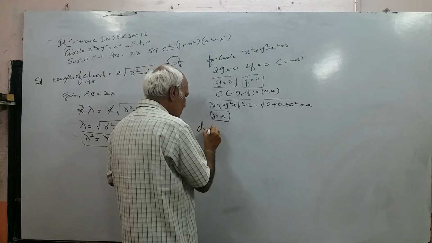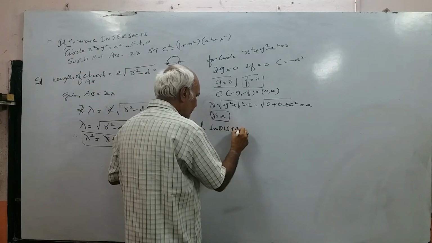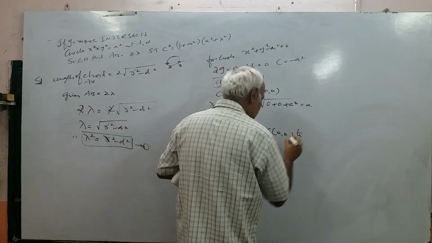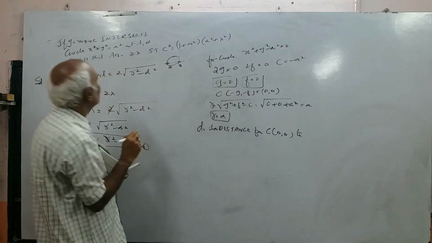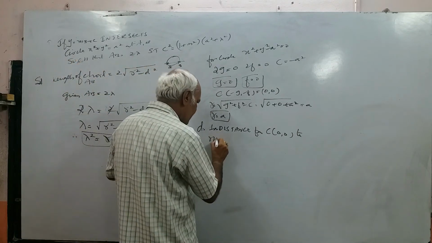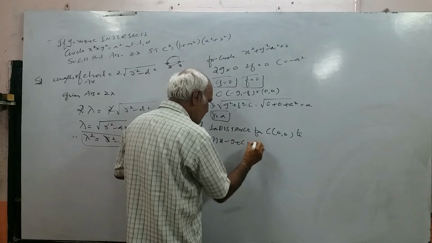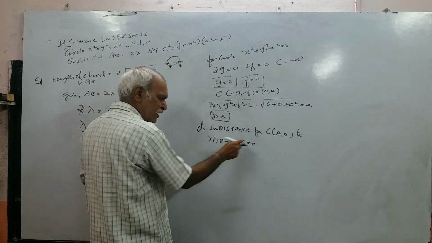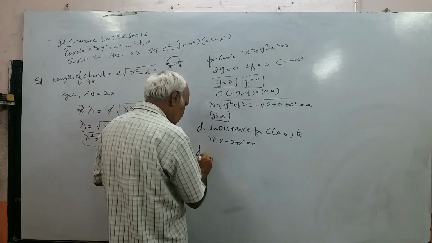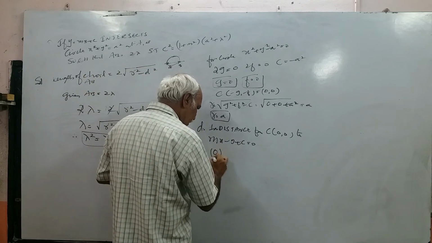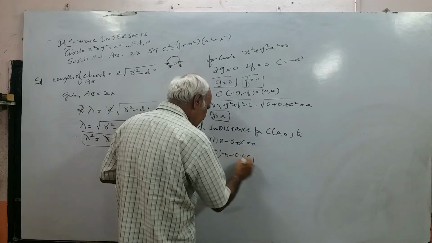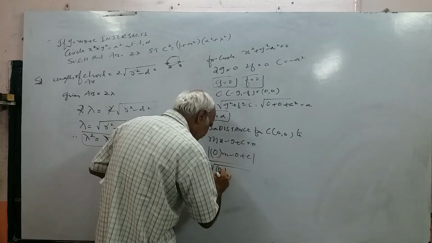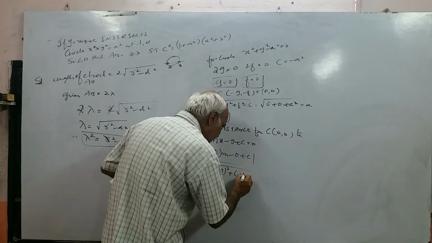Now d is the perpendicular distance from the center 0 comma 0 to the line. The line given is y is equal to mx plus c, so we have to rewrite this as mx minus y plus c is equal to 0. First the x term, then y, then the constant, so we have to rewrite this. So d is equal to 0 into m minus 0 plus c by root of m square plus minus 1 square, since the x coefficient is m and the y coefficient is minus 1.